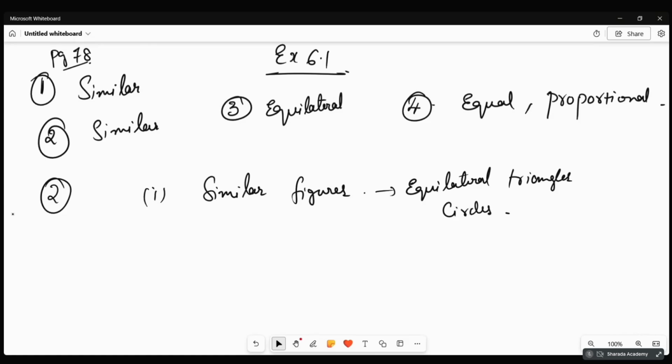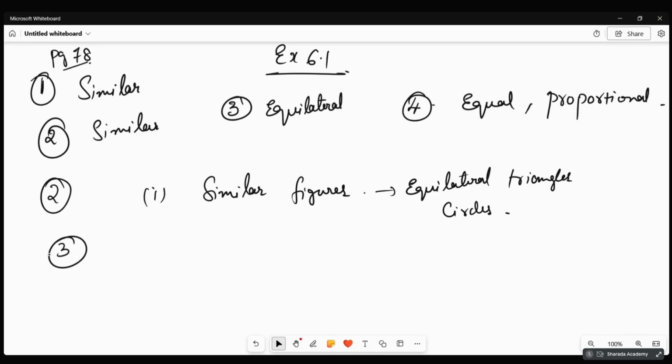What about the third one? State whether the following quadrilaterals are similar or not. Only one is given. Are they similar or not? No. Why are they not similar? Angles are not equal.